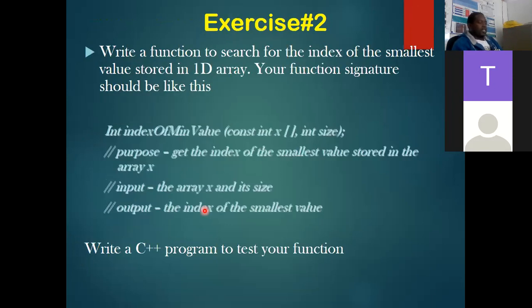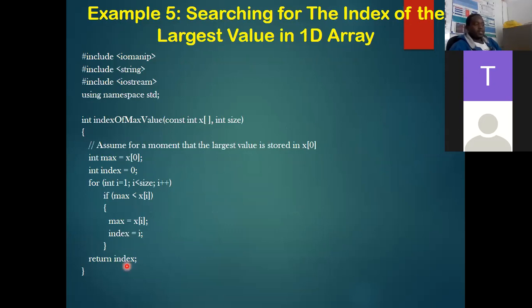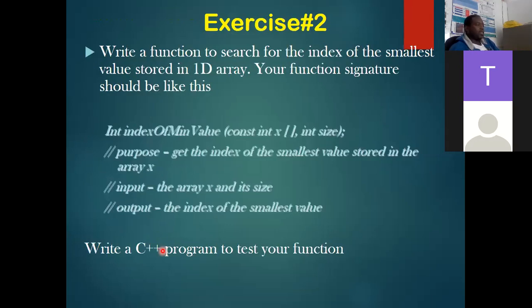So after that, you can print the value of the index. The maximum value is at the index number whatever, depending on what you want. So here we're just showing a function which can find the position. In this case, it's not returning the value, but it's returning the position of the largest value in the array.